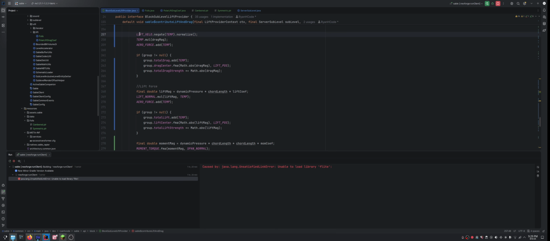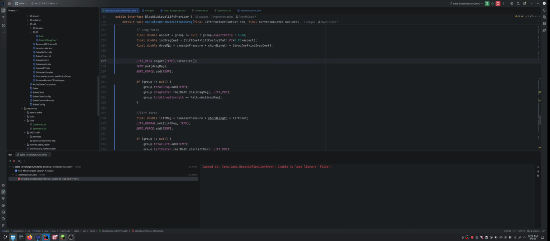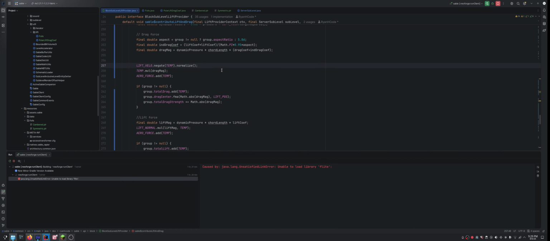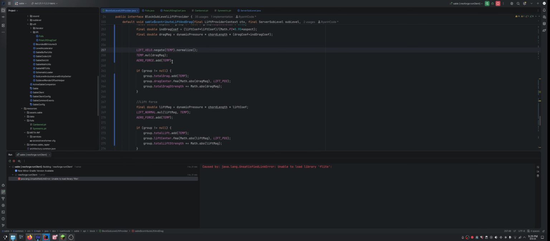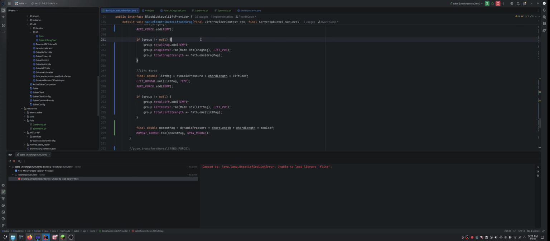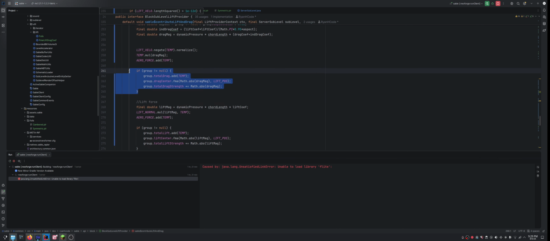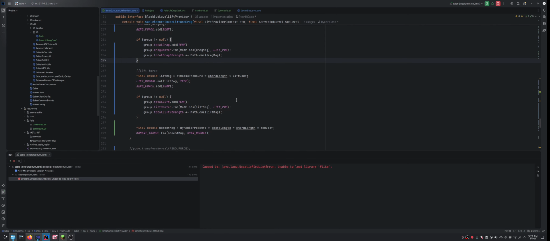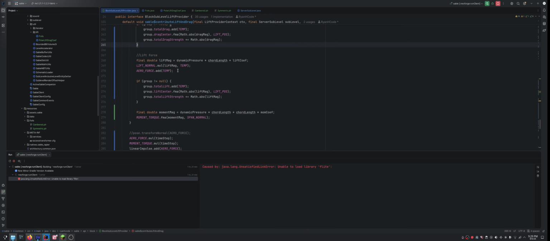We negate the lift velocity and normalize it to get a vector that opposes the velocity at the aerodynamic center point. Then we multiply the drag magnitude by that and add it to the aerodynamic forces. Easy.